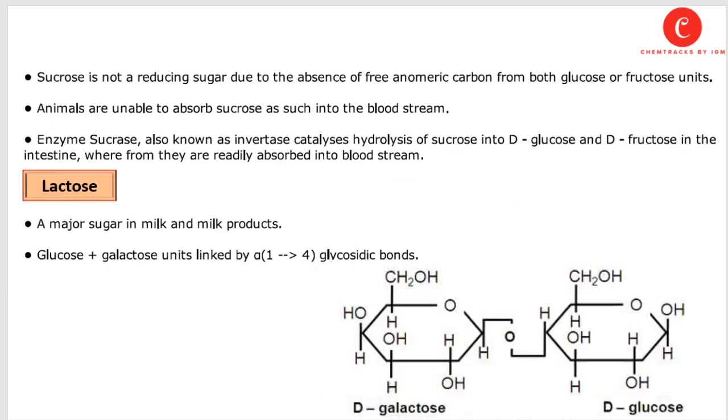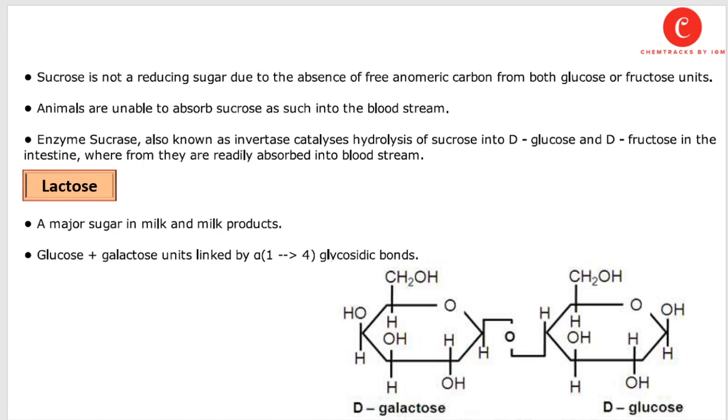Sucrose is not a reducing sugar due to the absence of a free anomeric carbon in both the glucose and fructose units. Animals are unable to absorb sucrose as such into the bloodstream. The enzyme sucrase, also known as invertase, catalyzes the hydrolysis of sucrose into D-glucose and D-fructose in the intestine, from where they are readily absorbed into the bloodstream.